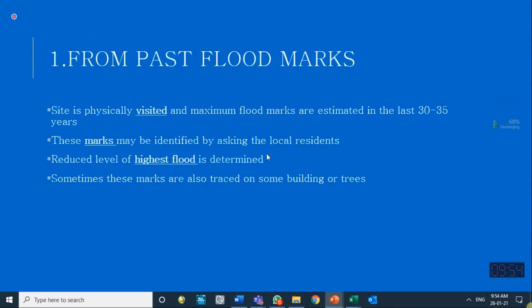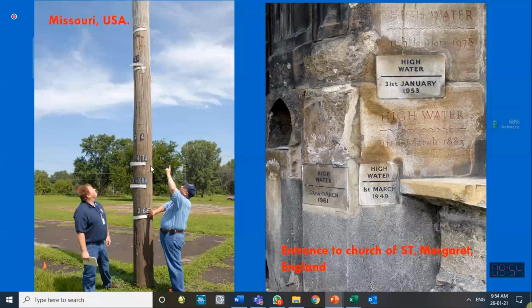For example, past floods are shown over here. Some departments have recorded them in a good way. They have written the flood levels on electric poles or permanent wooden trees over there. Some people have marked the previous floods on the columns of the bridges in that area.